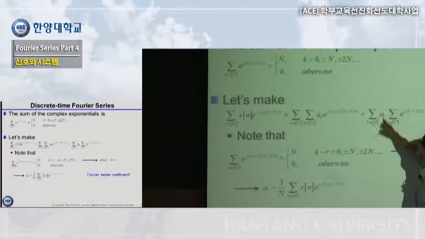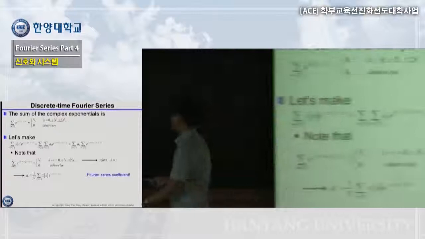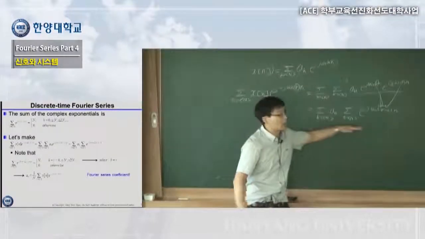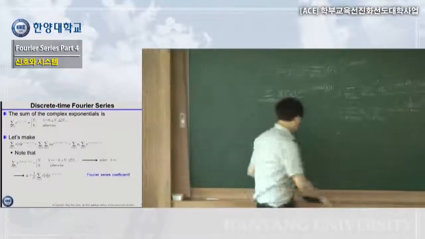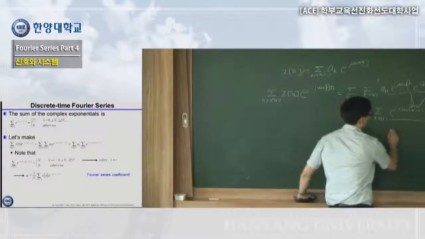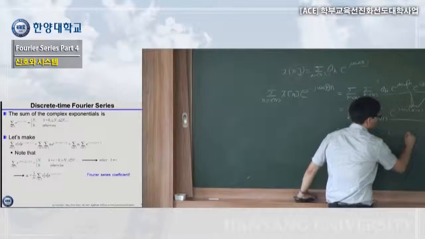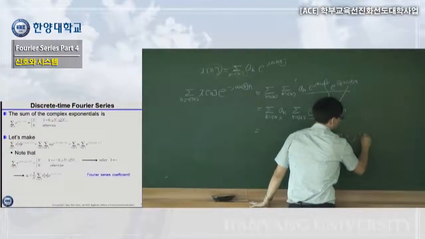In here, if you consider this one, it is a periodic function. Remember that this is a periodic function. Is there any question? Everybody following? This corresponds to cosine omega_0 (k minus r) n plus j sine.